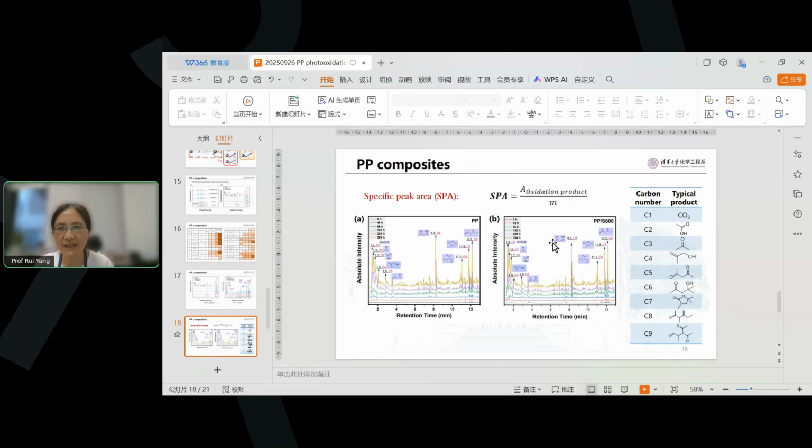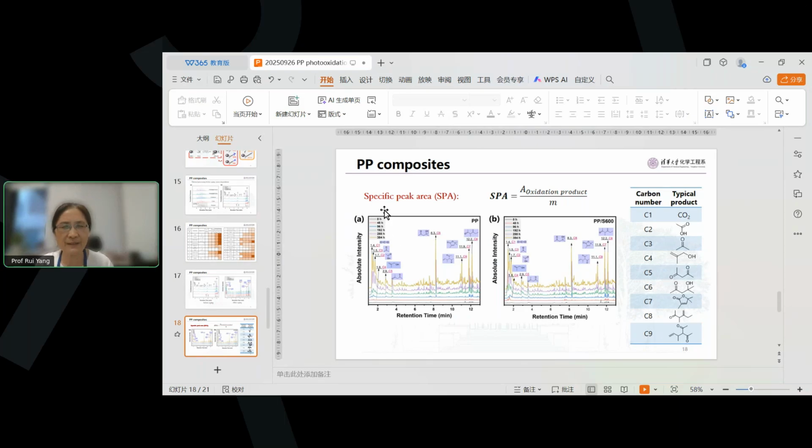We detect the typical ones and show them here, including CO2, acetic acid, acetone that we have shown before, and other complex oxidation products.